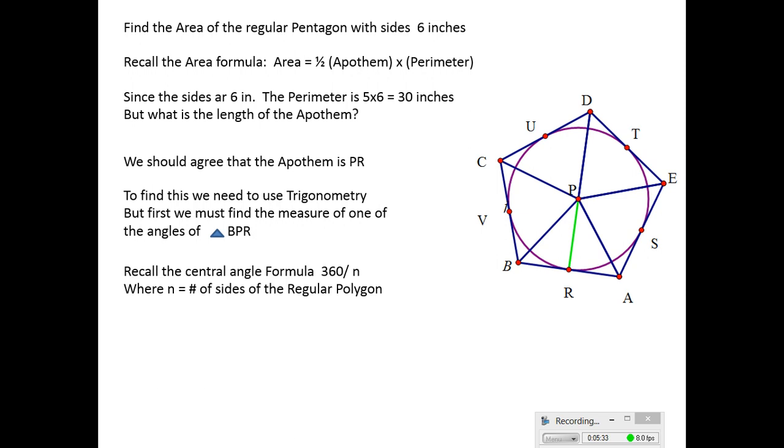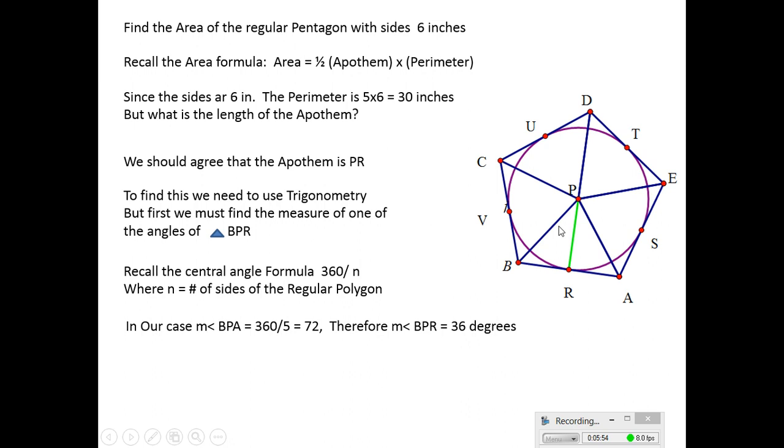Since it is a regular polygon, the central angle, 360 divided by n, is 72 degrees. That is any of these angles at P. CPB is 72, DPC is 72, BPA is 72.